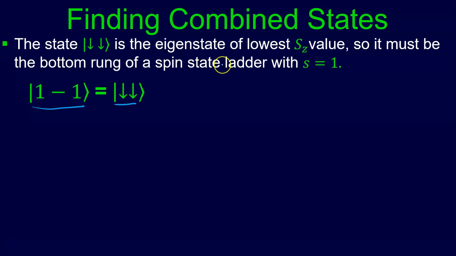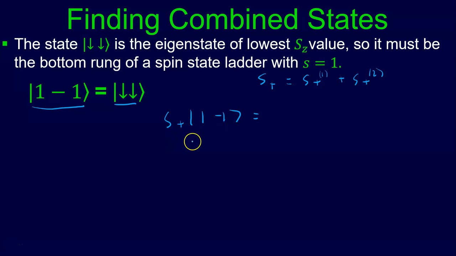And so what I'm going to do is define our total S plus operator, the raising operator, as S plus acting on the first particle plus S2 working on the second particle. And so I'm going to apply this on this state we just wrote out here, 1, negative 1.